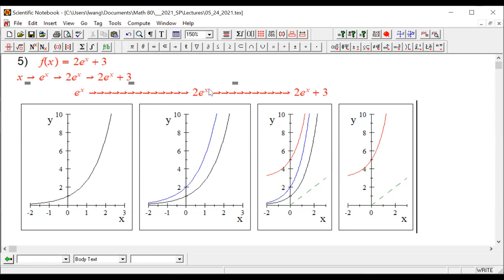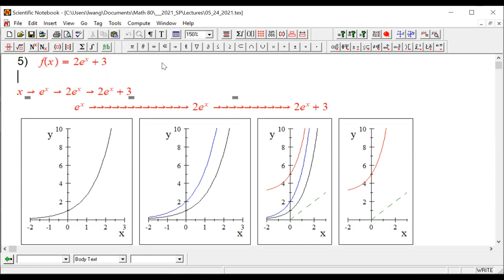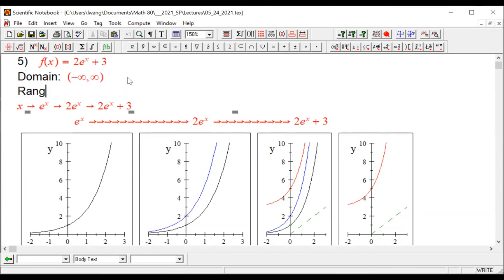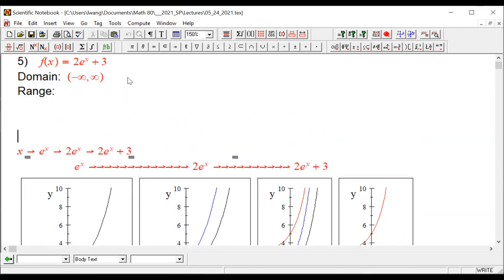Before we find the inverse, we know the domain and range for this function, don't we? From the picture, the domain is all real numbers. And the range, let's see how we decide the range.